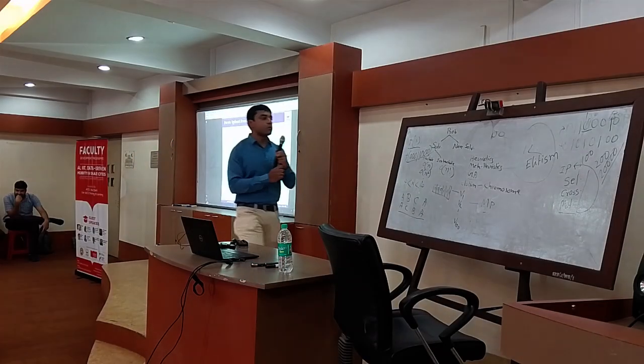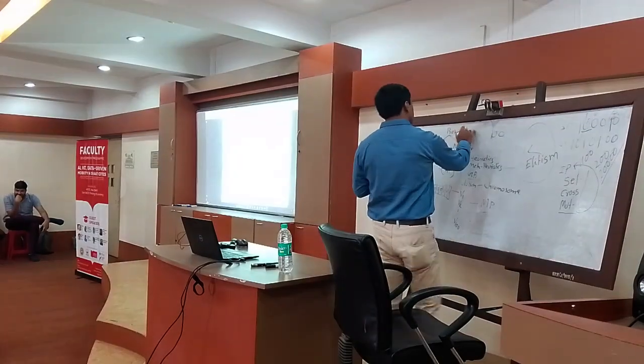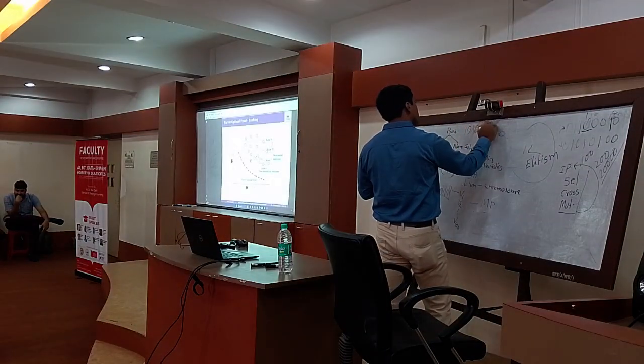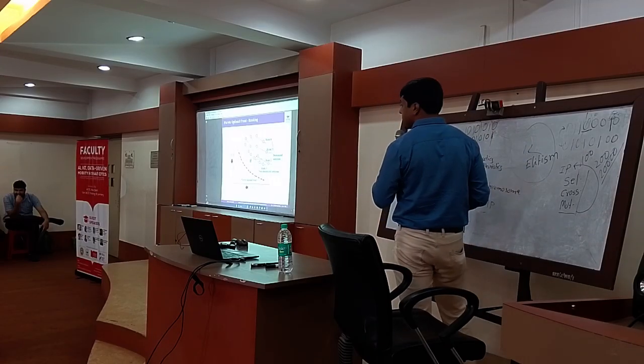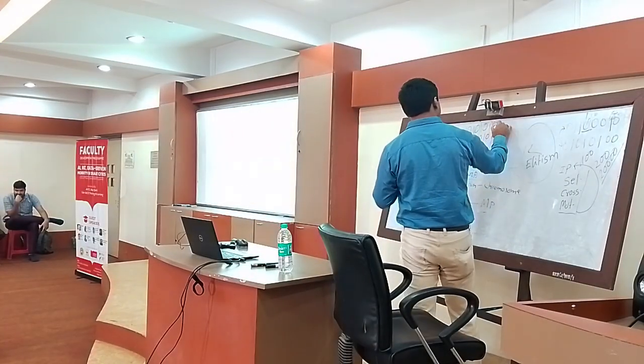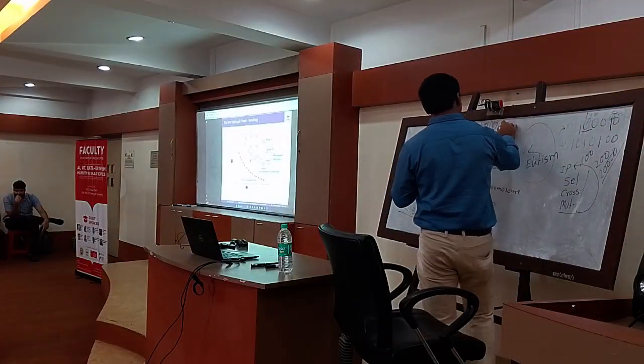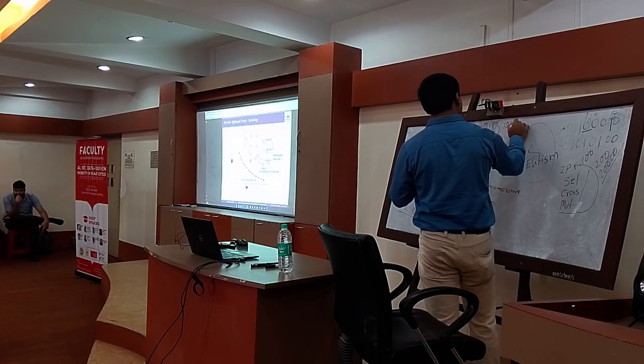How? For example, suppose we have these two chromosomes. Now, if we perform crossover operation, what will happen? Suppose we are exchanging these two parts. So 1 0 1 0 0 1 0 1, and in the bottom we can write 1 0 1 0, right?